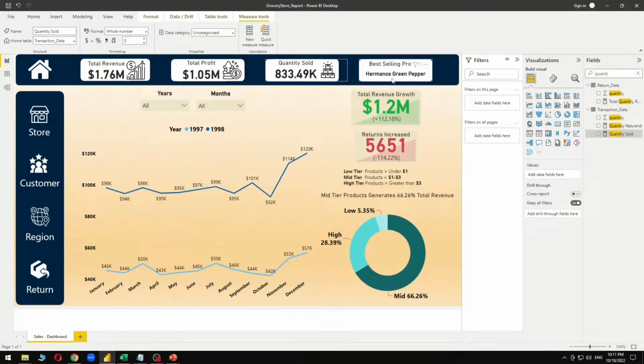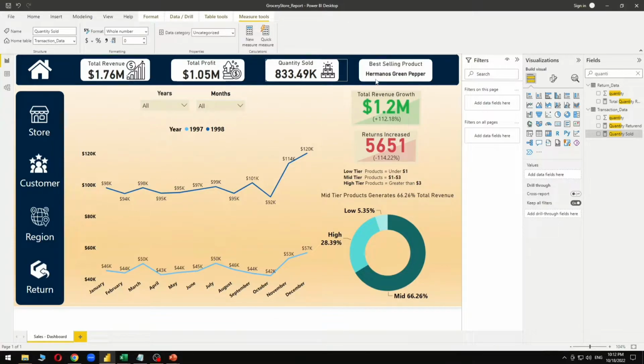Now this is the most important. As you can see in the sales report, we have tried to find which product has been the most selling for both the years, 1997 and 1998, in terms of revenue generation, in terms of sales, and in terms of profit as well, because the product which has been sold the most is surely going to give us the best profit.